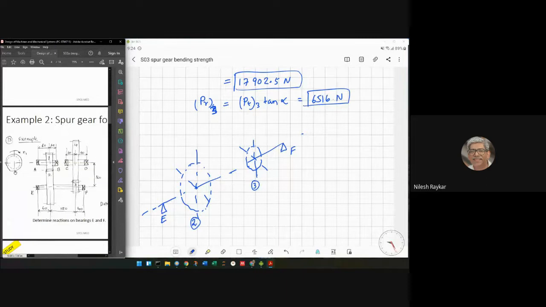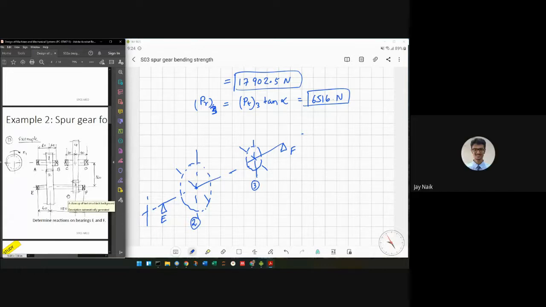Here the direction of the first gear, looking from the left-hand side, is clockwise. So what will be the direction of the intermediate shaft looking from the left? Can somebody tell? Is it clockwise or anti-clockwise?